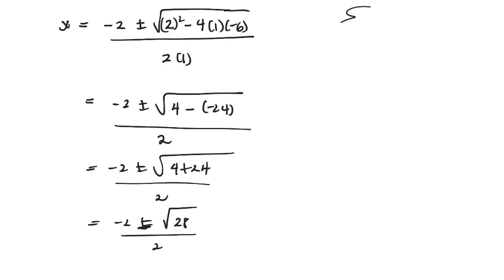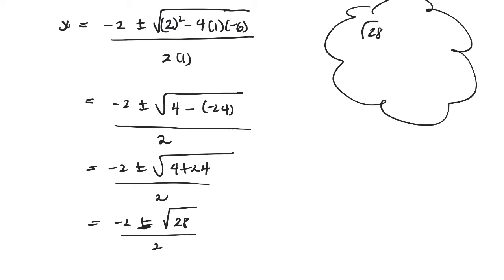Root 28 can be simplified, so let's do that in a little thought cloud. Root 28 is equal to the square root of 4 times the square root of 7, because 4 times 7 is 28. And so we can break that up into 2 times root 7.